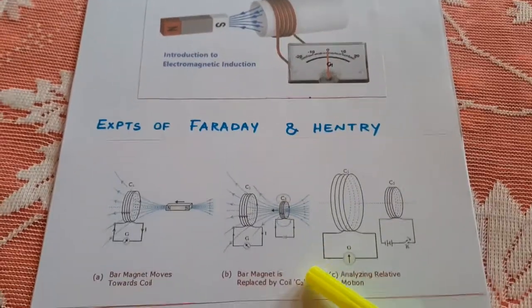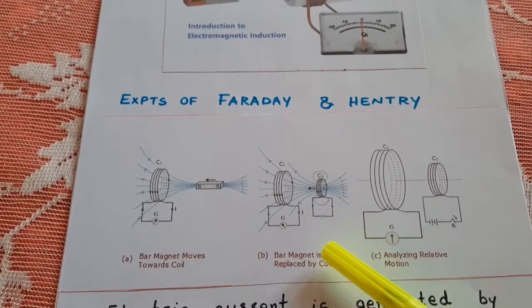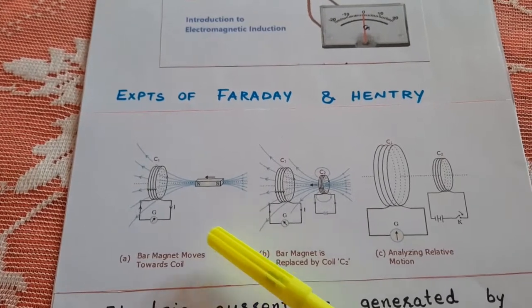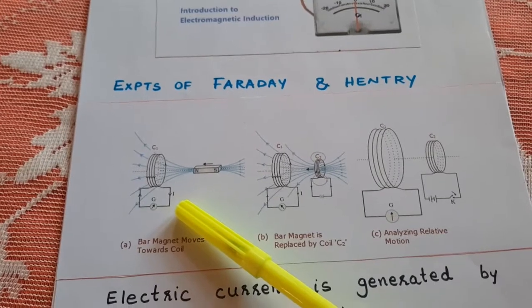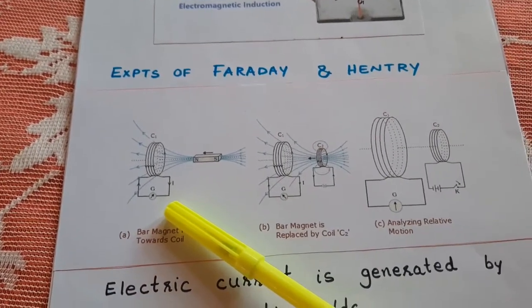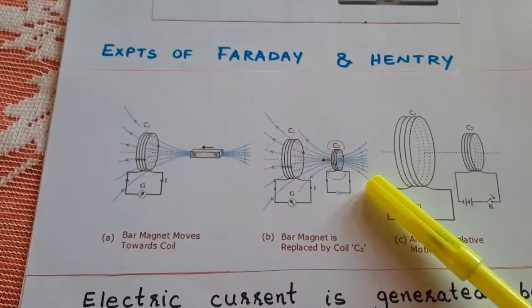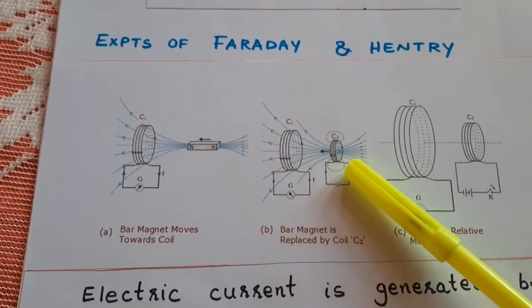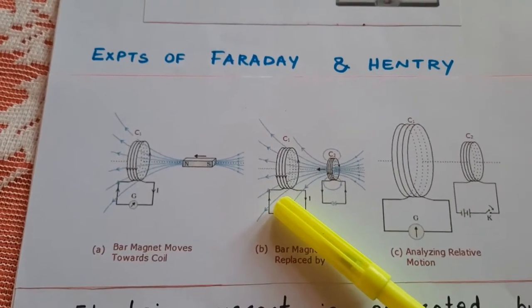Now let's see the experiments of Faraday and Henry to explain electromagnetic induction. In the first case, when the magnet is moved towards the coil, a current is induced in the coil. If the bar magnet is replaced by another coil C2, the relative motion between C1 and C2 induces a current in the coil C1.